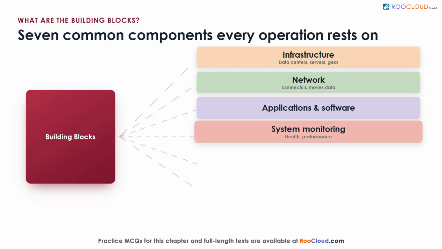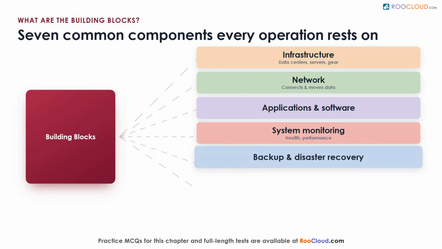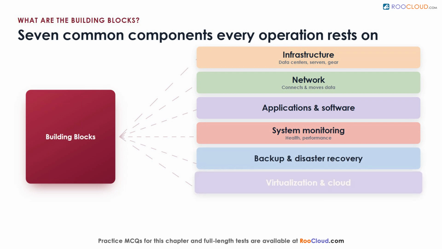Then system monitoring, which watches health and performance and catches issues early. Then backup and disaster recovery, which protect data and limit downtime. Then virtualization and cloud, which add flexibility and scale on demand. And finally, documentation and knowledge management, so the team can share what it knows.